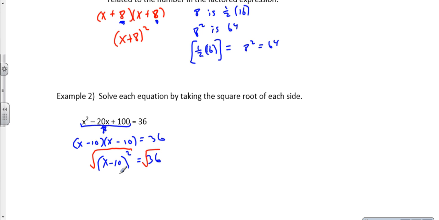So if we undo the square by square rooting, we get x minus 10 equals, and as we mentioned before, we have to respect plus or minus, and then the root of 36 is 6. We would then add 10 and get x equals 10 plus or minus 6, which leads to two situations.